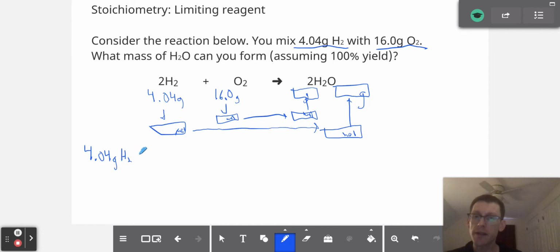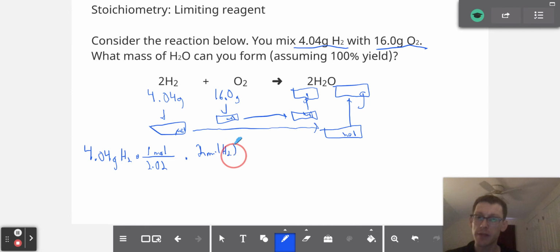We're going to basically say, let's assume that this is the limiting reagent. That assumes that there's an excess of O2. Let's see how much water we could form if we're assuming that the H2 is limiting.